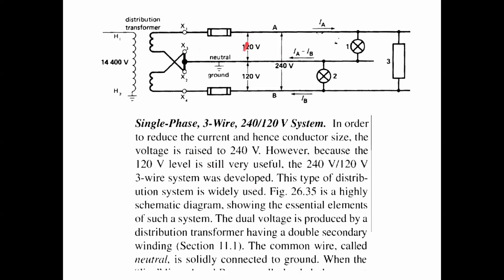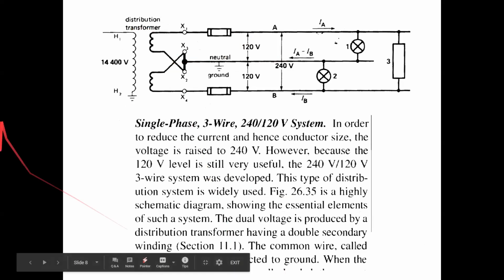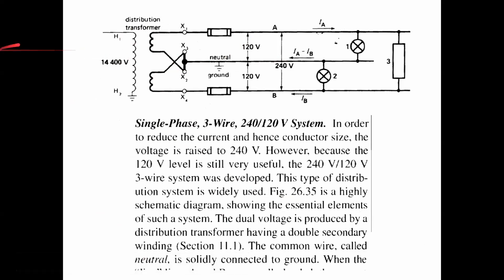This is a system which is used for the single phase 3-wire system. It is made with the help of a special distribution transformer with a special secondary winding. Actually, it is made from a single phase, and this artificial neutral is made by splitting this single phase into two pieces. Again, it is single phase.